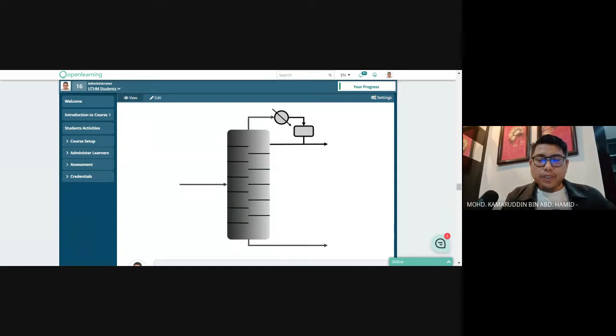Cakap 1, 2, 3, 4. If in your feed you have a non-condensable gas, how many of them you can use? 1, 2. Okay. Dua-dua boleh pakai. Lagi?